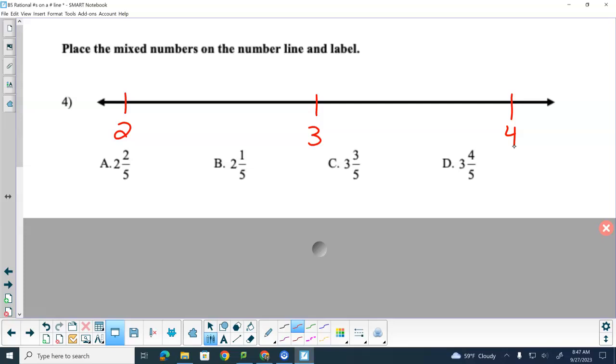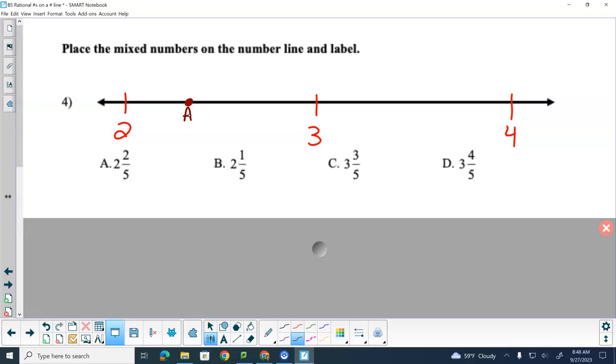A, 2 and 2/5. That's going to be between 2 and 3, closer to 2. So I'm going to go there. B, 2 and 1/5. It's going to be in between what two whole numbers? Between 2 and 3 still. So it's going to be closer to 2 than A, right?